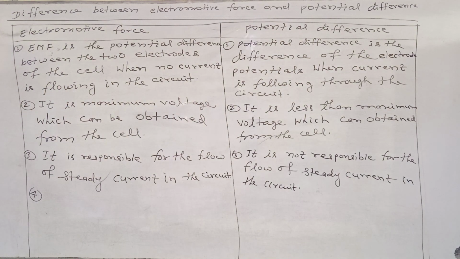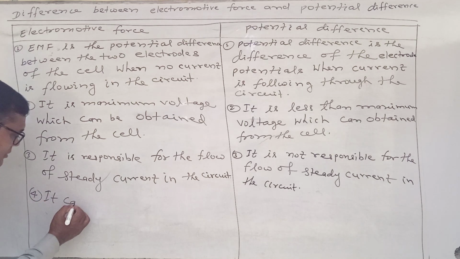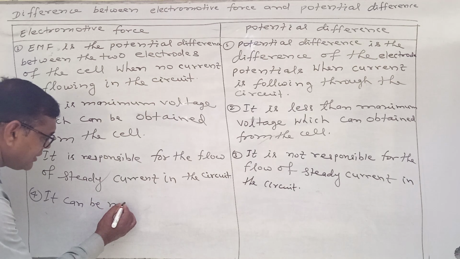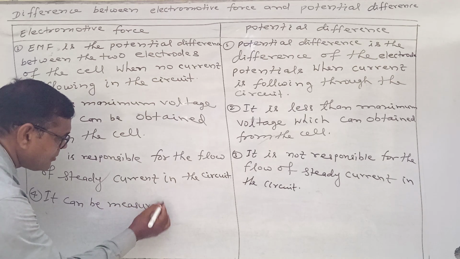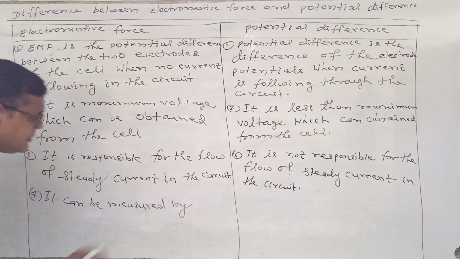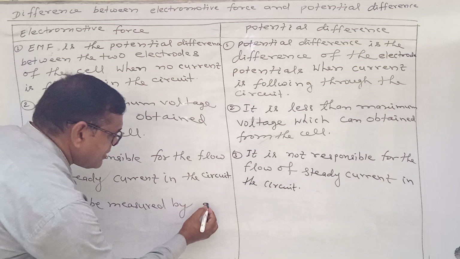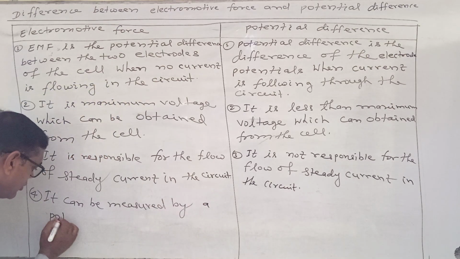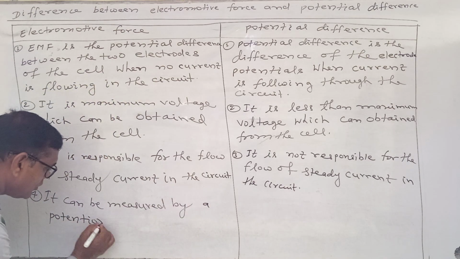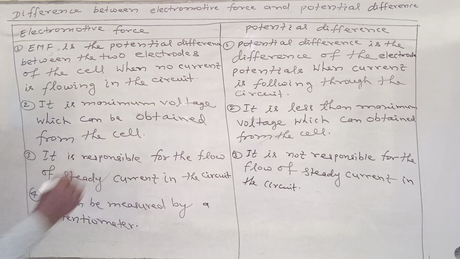Now we write point 4. It can be measured by a potentiometer. We write, it can be measured by a potentiometer.